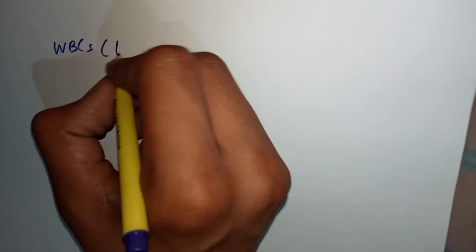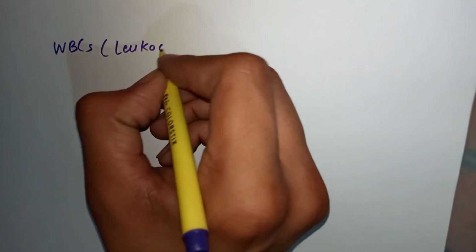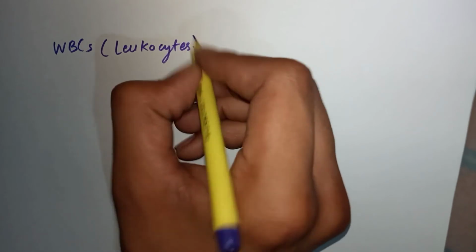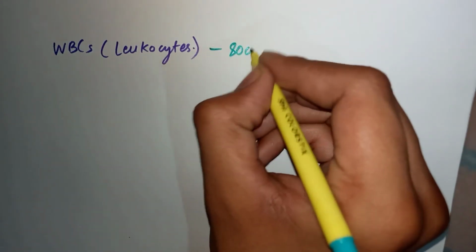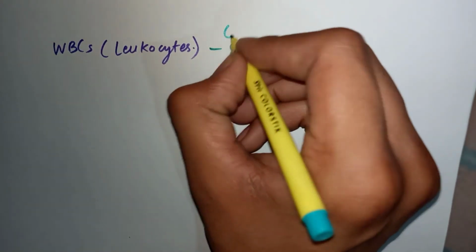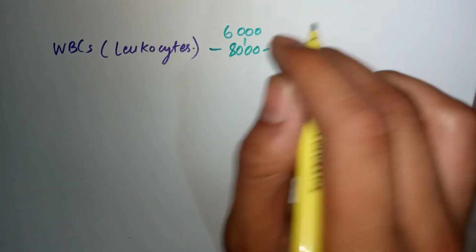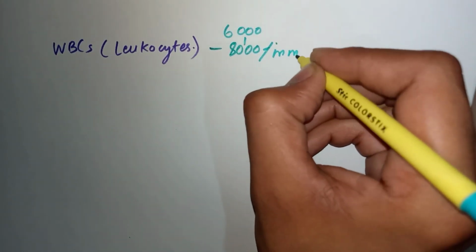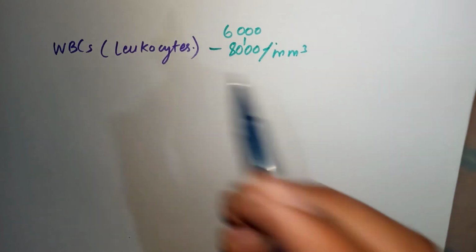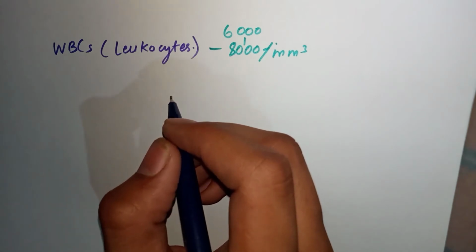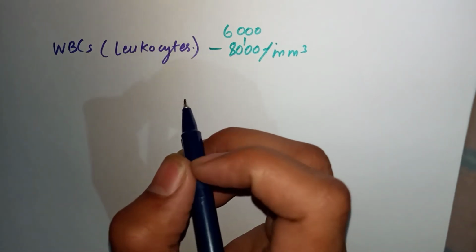WBCs, or white blood cells, or you can say leukocytes. Their number is 6,000 to 8,000 per mm³ of blood. They are white in color because they lack any pigment, any color containing pigment or complex protein like hemoglobin in the RBCs.